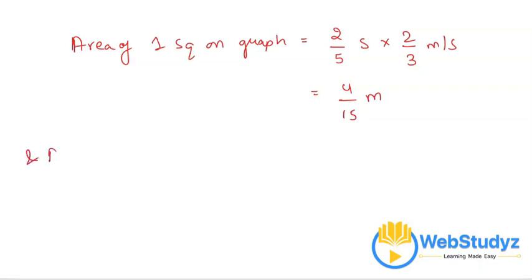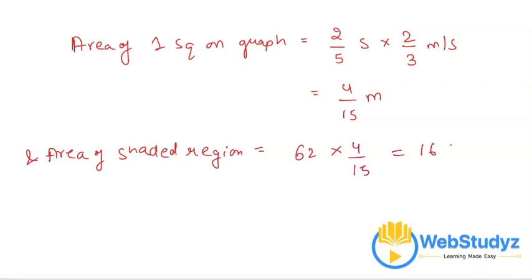And area of shaded region is equals to 62 into 4 by 15 is equals to 16.53 meters.